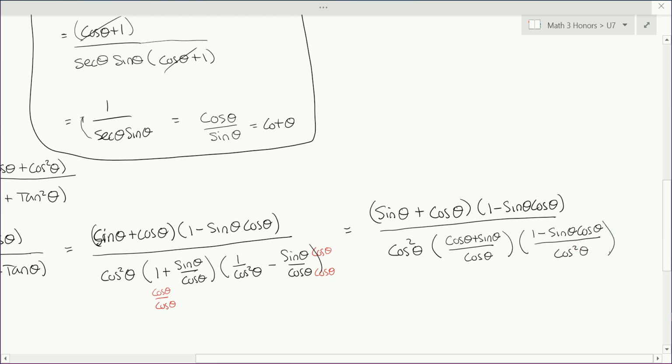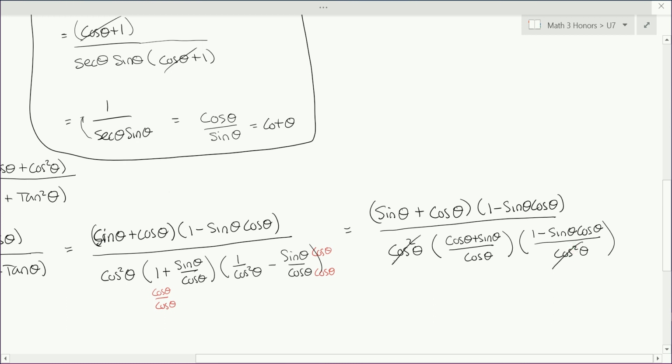So now we start to see a little bit of hope here, right? You got the 1 minus sine cosine, and that's matching. You got the sine plus cosine, this right here is matching that. What's the next thing you want to do? Distribute what? So if I multiply this cosine squared theta with this last factor, these will reduce.